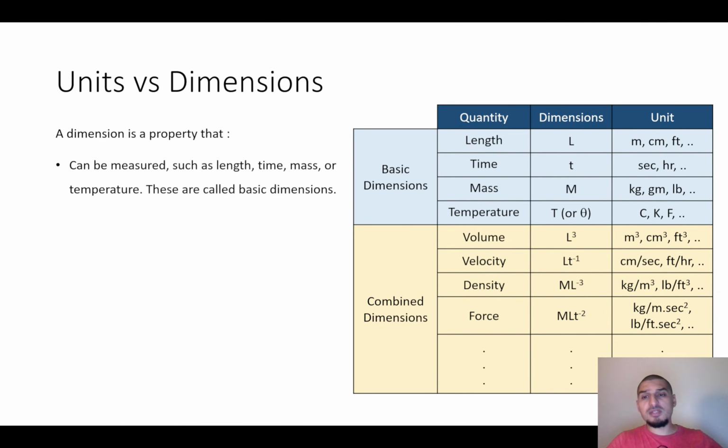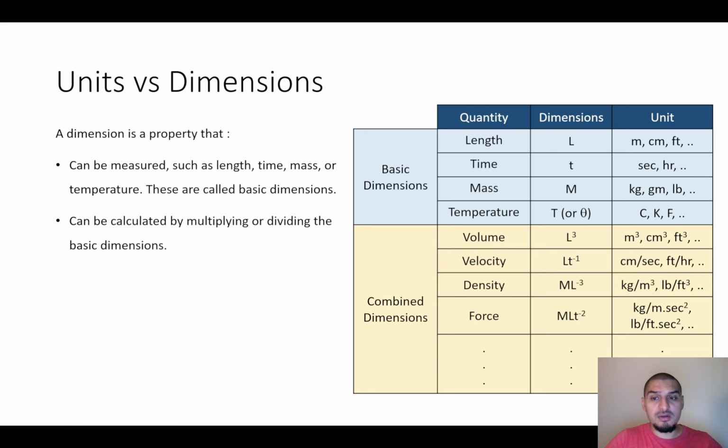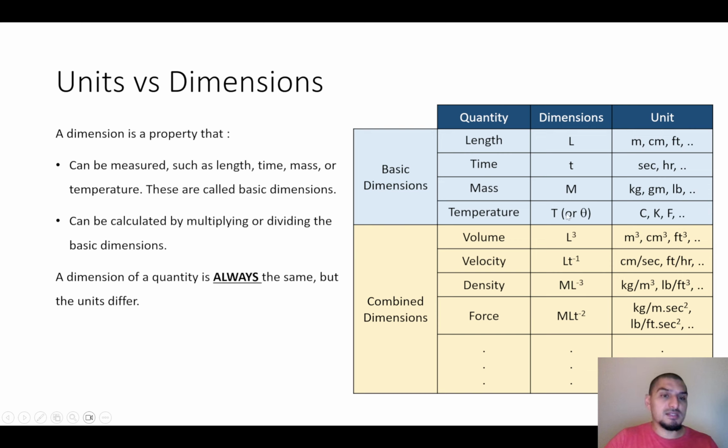So the dimension is a property that can be measured, such as length, time, mass, or temperature. They're called the basic dimensions. There are some other dimensions that are called the combined dimensions, which are calculated by multiplying or dividing the basic dimensions. The dimension of a quantity is always the same, and it can be expressed in any suitable unit.